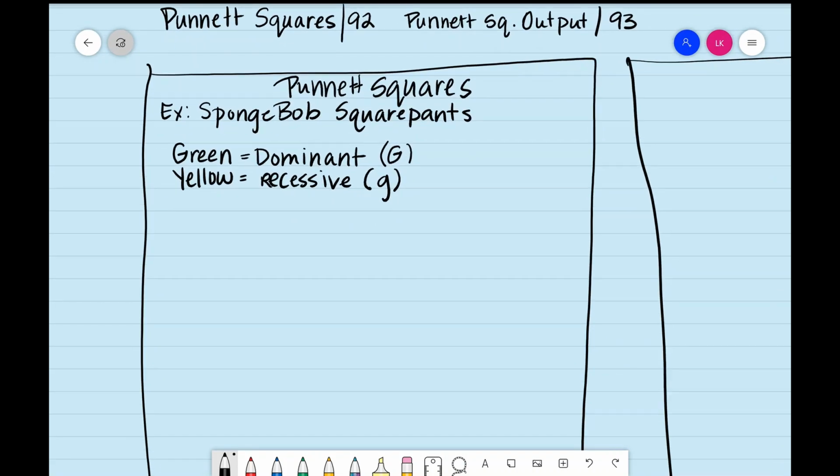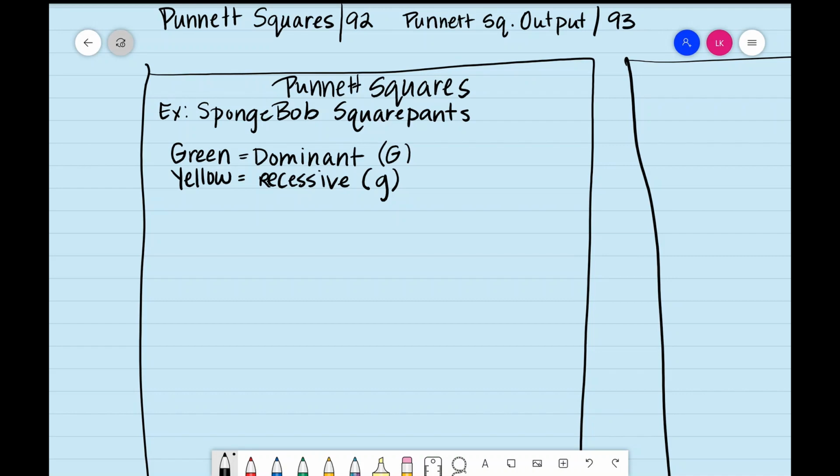So in our example, let's say SpongeBob gets married. SpongeBob is recessive, which means that he has 2 yellow alleles. It's the only way that's going to show up. If you're confused by that, go back and watch the previous video.